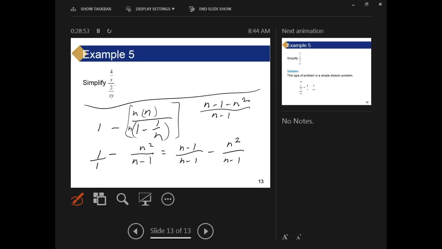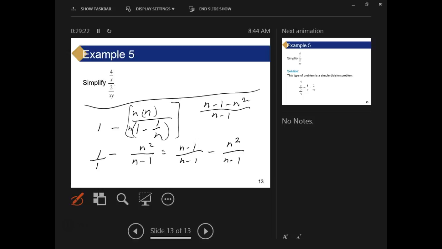Now, is there anything you can do with that? Did I hear crossing something out? Let's not do any crossing yet. What I want to do is write this in more standard form, decreasing order of my powers. And I also don't like having a minus sign as my leading term. So I'm going to do two things at once.